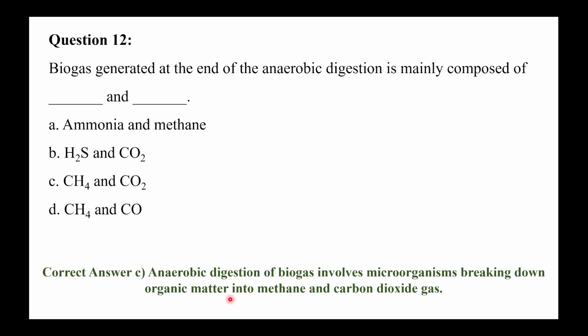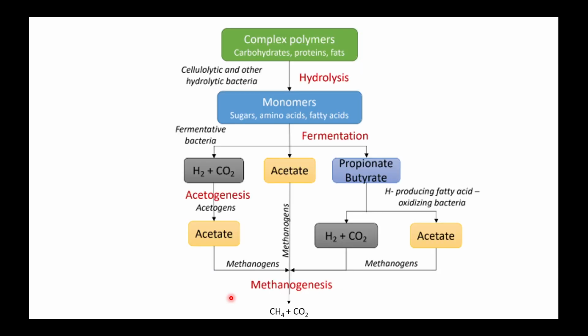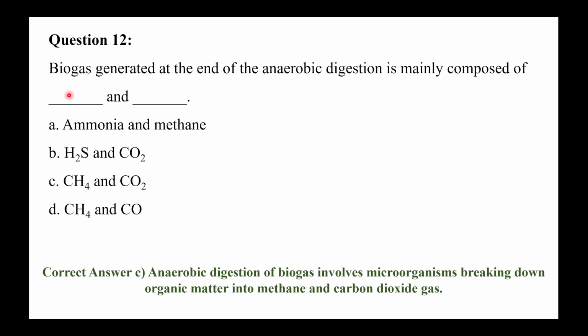Anaerobic digestion of biogas involves microorganisms breaking down the organic matter. So mostly these cattle are eating grass and plant sources. So they are complex carbohydrate sources, organic carbon sources. They are broken down into methane and carbon dioxide gas. And that's why this biogas is used as a fuel source.